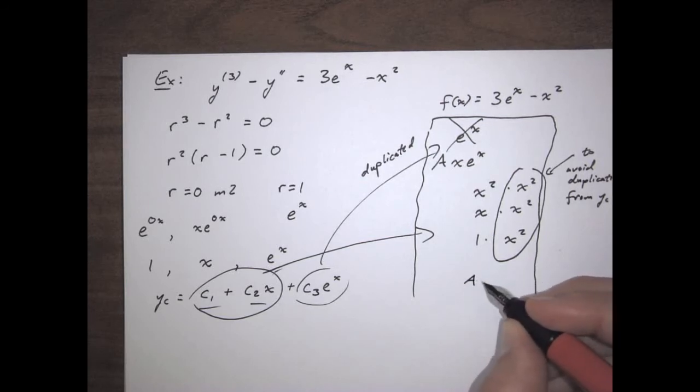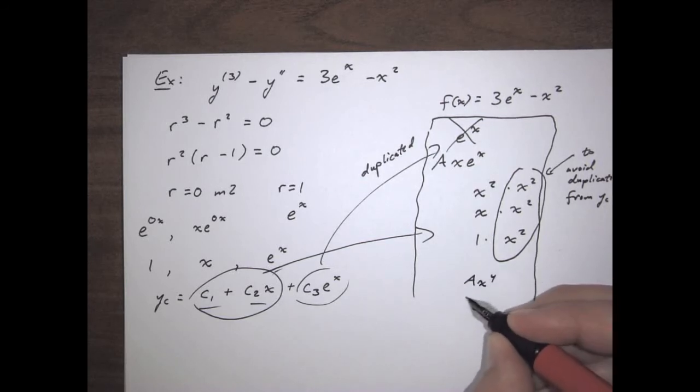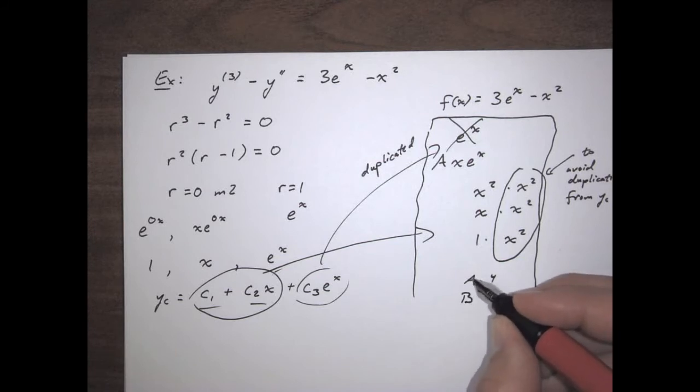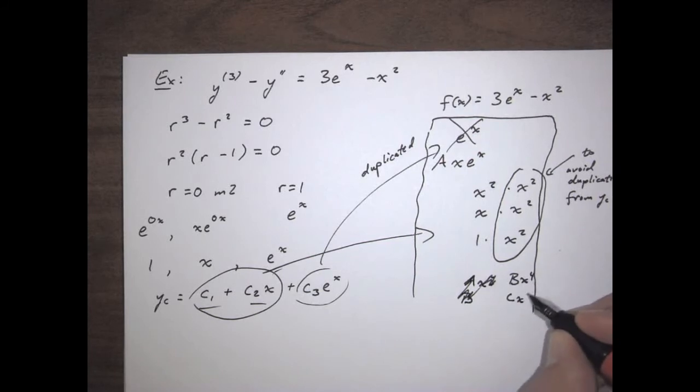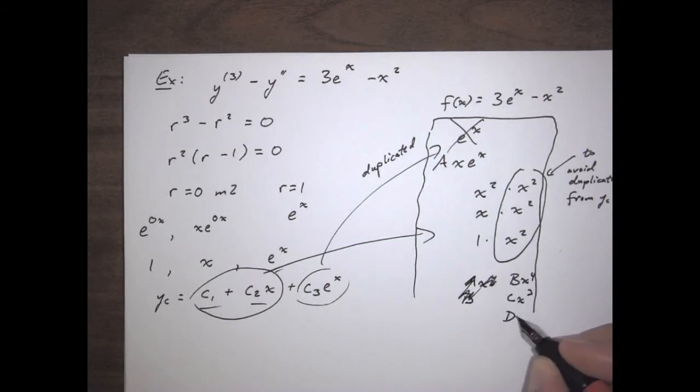So that's going to give us like a x to the fourth. No, sorry, I already used a. So I should say now like b x to the fourth, c x to the third, and d x squared.